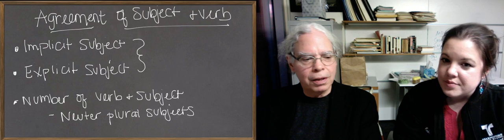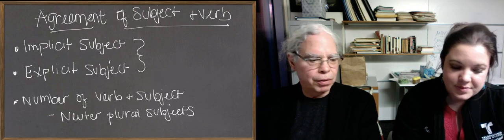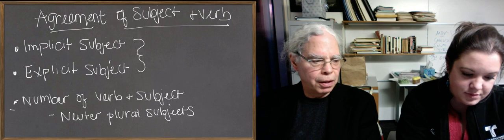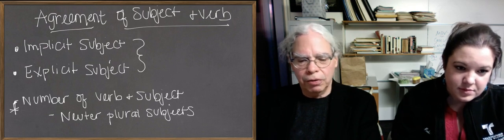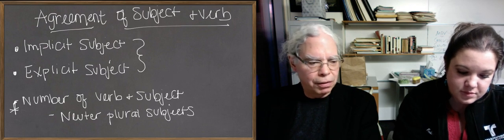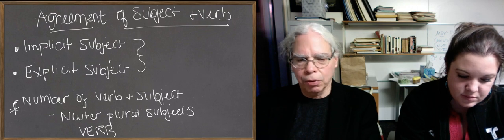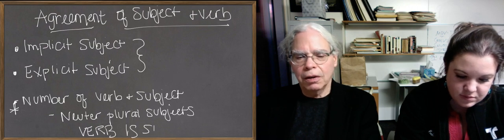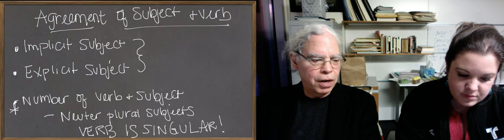But there's one weird exception, and that's the thing on the bottom of the blackboard that Belisi's prepared there. That's about neuter plural subjects. If the subject of a verb is a neuter plural noun, then the verb, okay, this is very weird, the verb is not plural, but singular, okay? So the standard example is Aristotle's sentence about what defines animals.